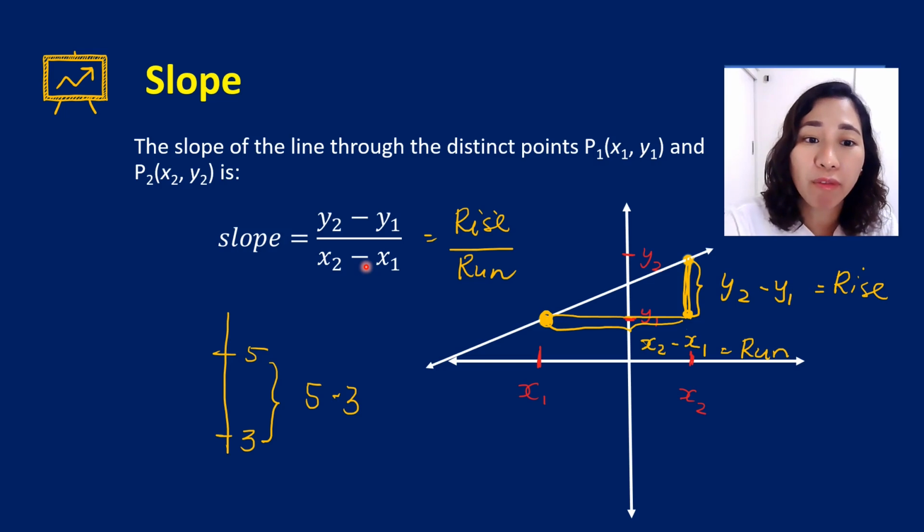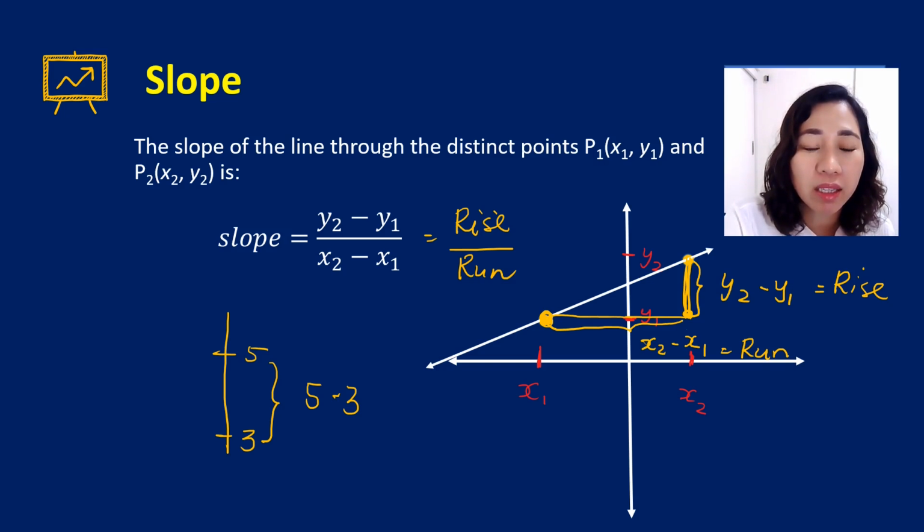But be very careful. If you started with, let's say, these are your 2 points, right? If you started with the y coordinate here for your rise, you should start with the x coordinate here also at this point. You cannot interchange the order.